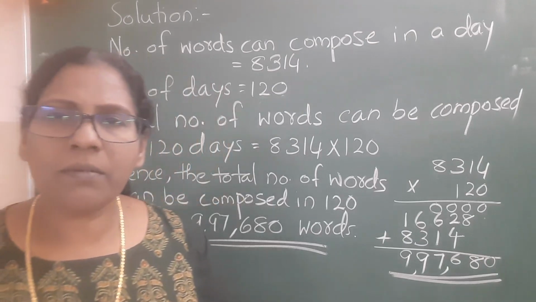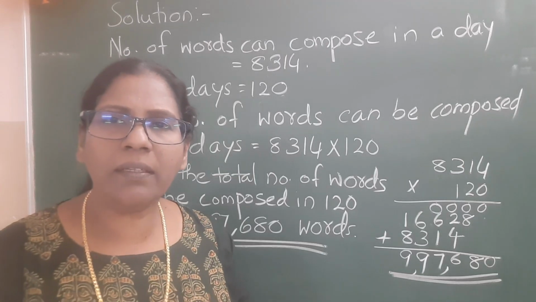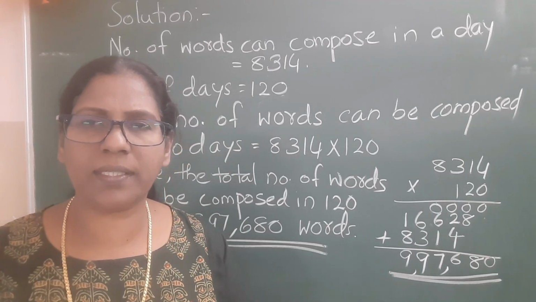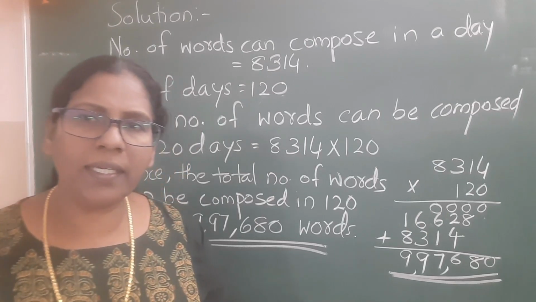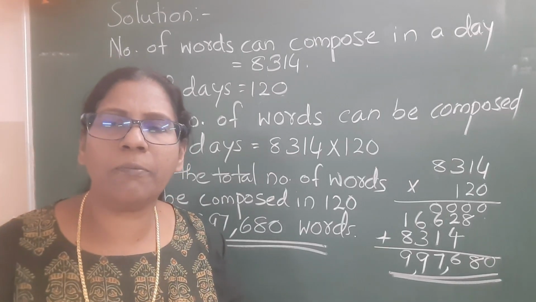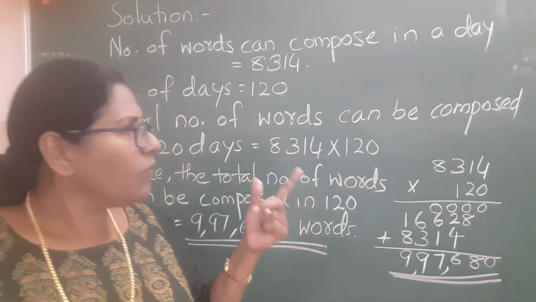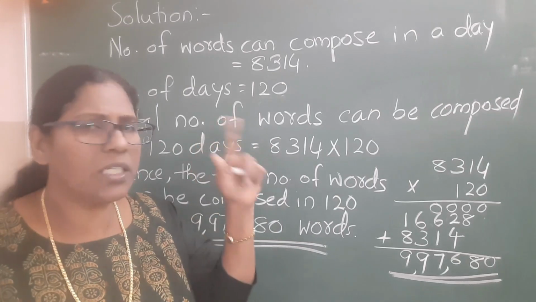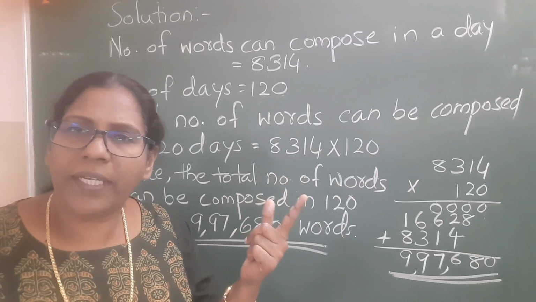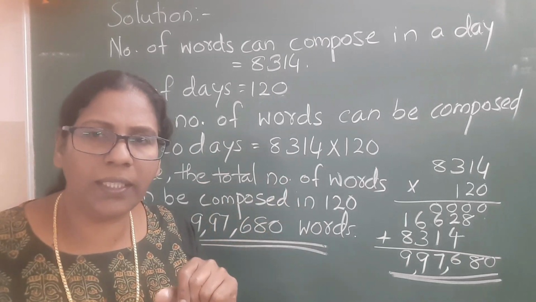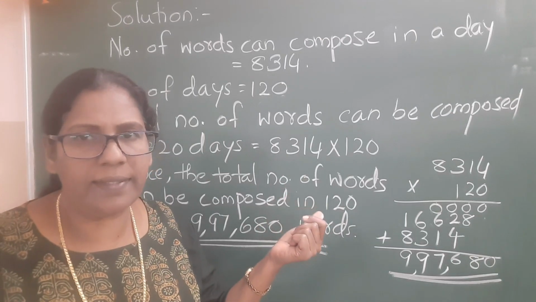I repeat the question. A computer operator can compose 8,314 words in one day. Then how many words can he compose in 4 months? First we converted the number of months into number of days. So 4 months, number of days in 1 month is 30, so 4 months is equal to 120 days.